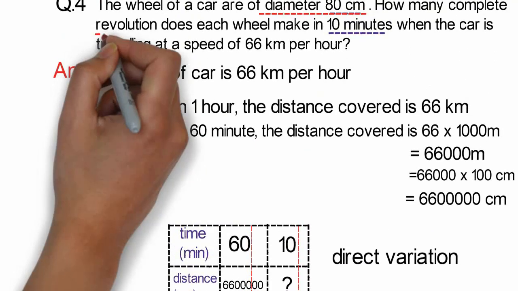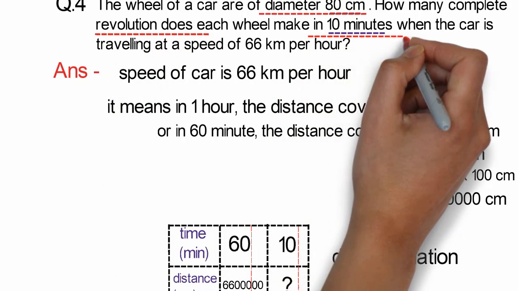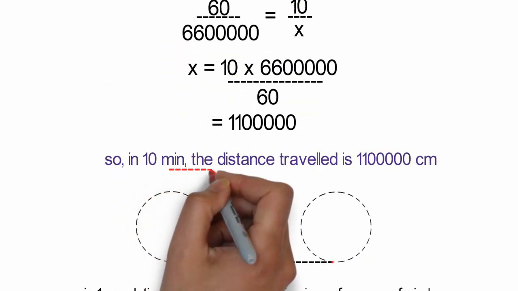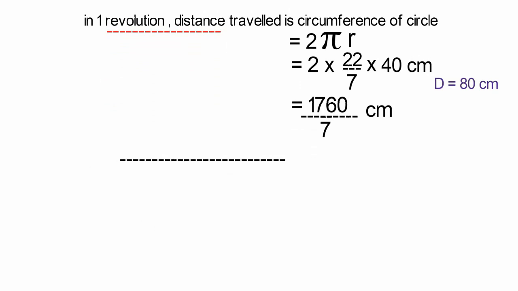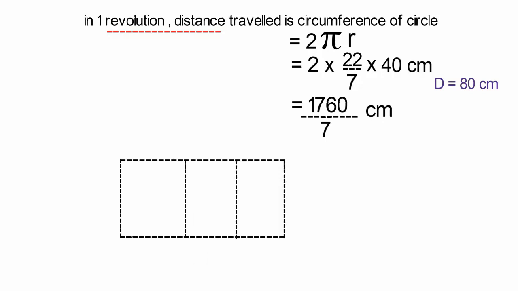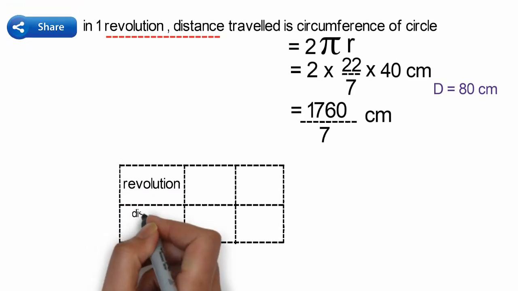Now we have to find the number of revolutions in 10 minutes. And in 10 minutes we have calculated the distance traveled. So we're going to take two units, that is revolution and distance. Again we're going to make a table. In this table we're going to take revolution and distance, with distance in centimeters.